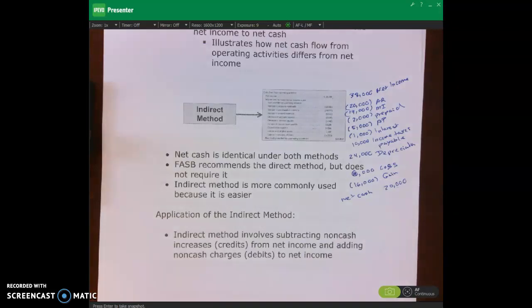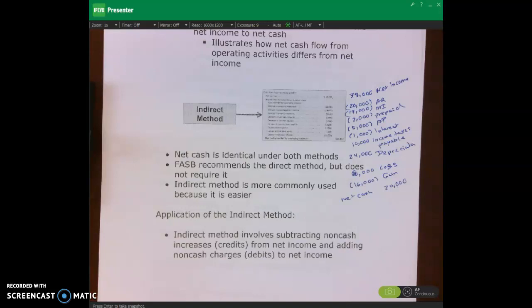Then what we do is look at changes in non-cash current liabilities. What are current liabilities? Those current liabilities that I expect to pay within 1 year or the operating cycle, whichever is longer. Common examples of current liabilities include accounts payable, income tax payable, interest payable, wages payable, utilities payable.